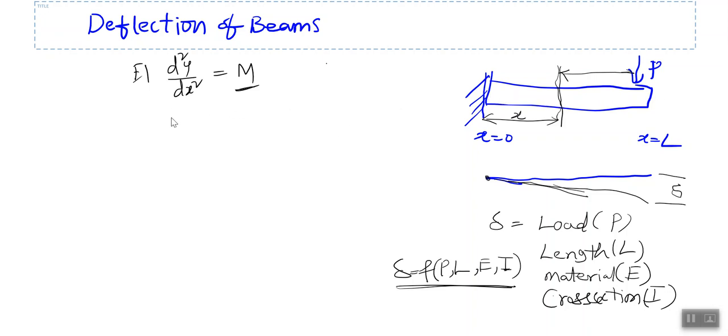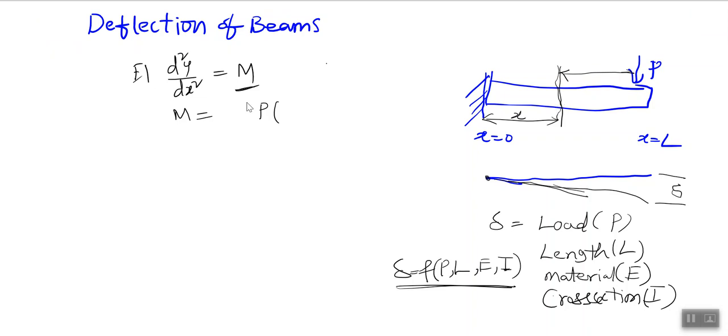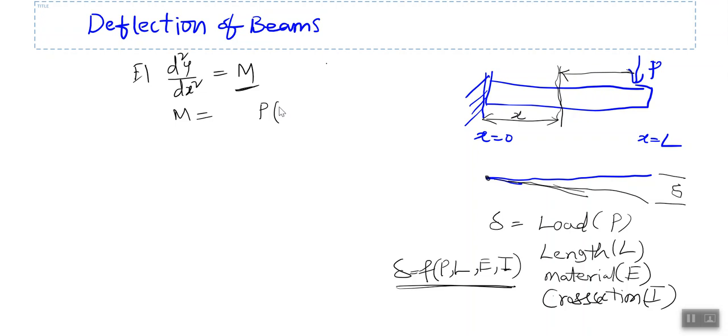So the bending moment is the load times the perpendicular distance from the load to the point where you are finding the bending moment, that is here. So P into (L minus x), capital L minus x.